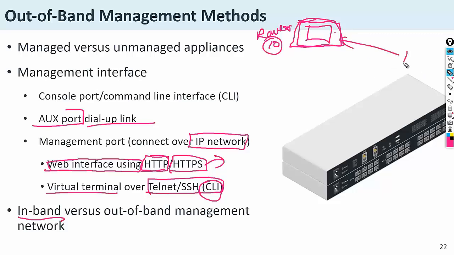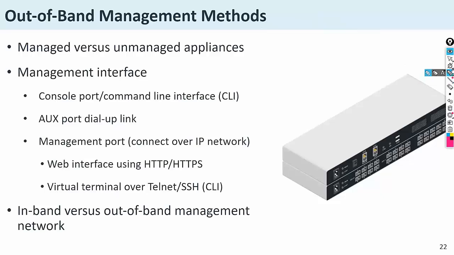So you are sitting in another location and you are accessing these devices remotely and making changes in the configuration. This will be known as an out of band management network.